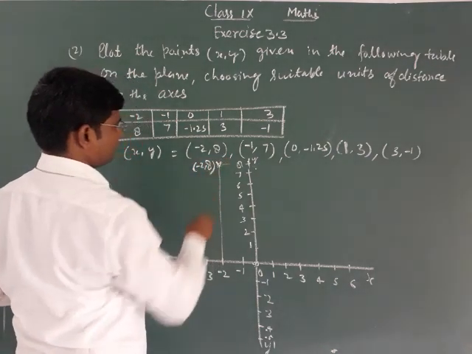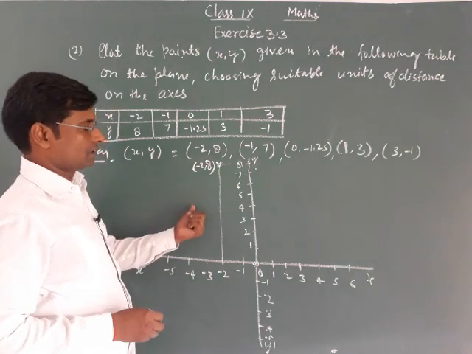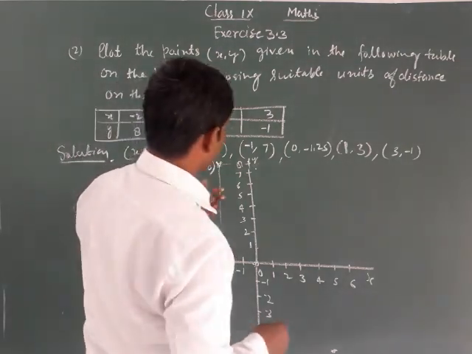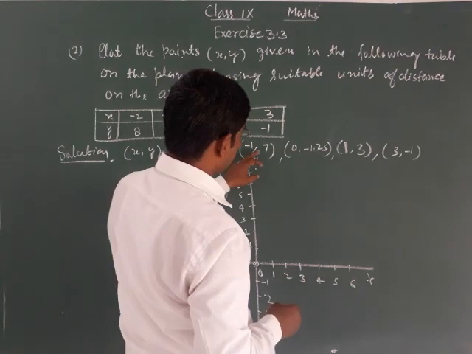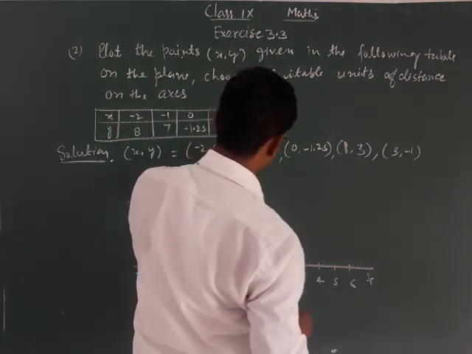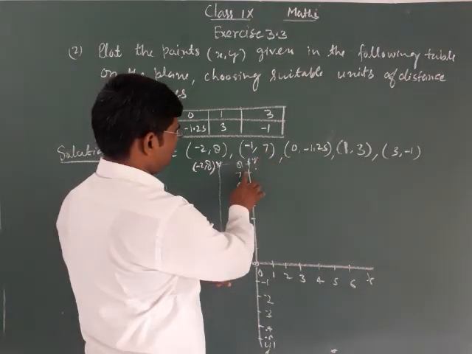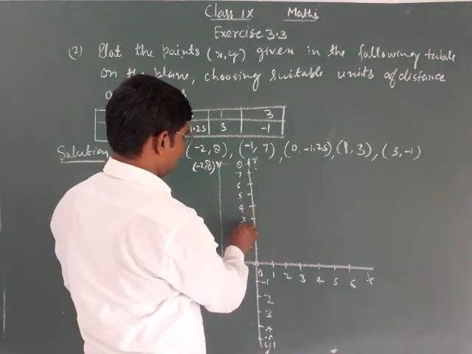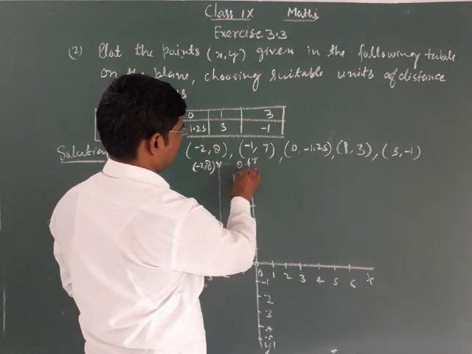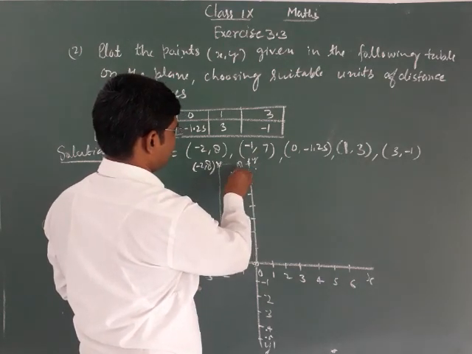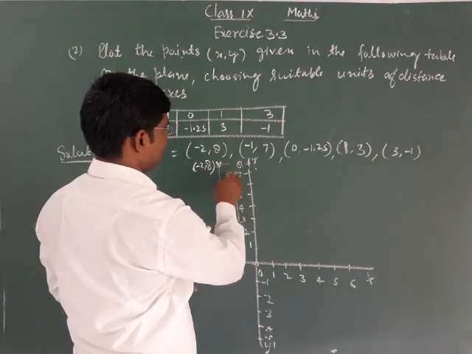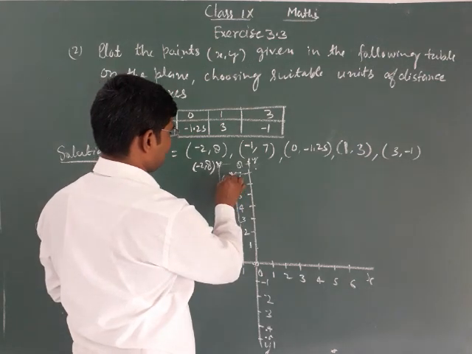The second point is (-1, 7). This is minus 1 and the ordinate is positive, so minus 1 and 7. This point is also in the second quadrant.